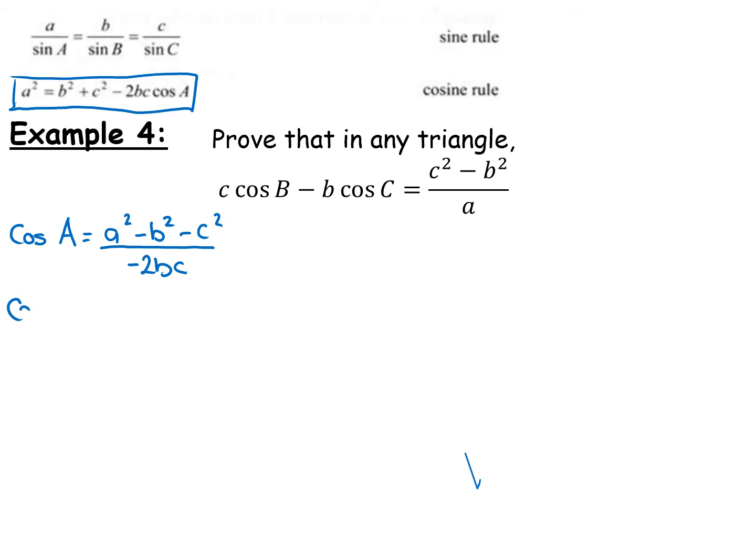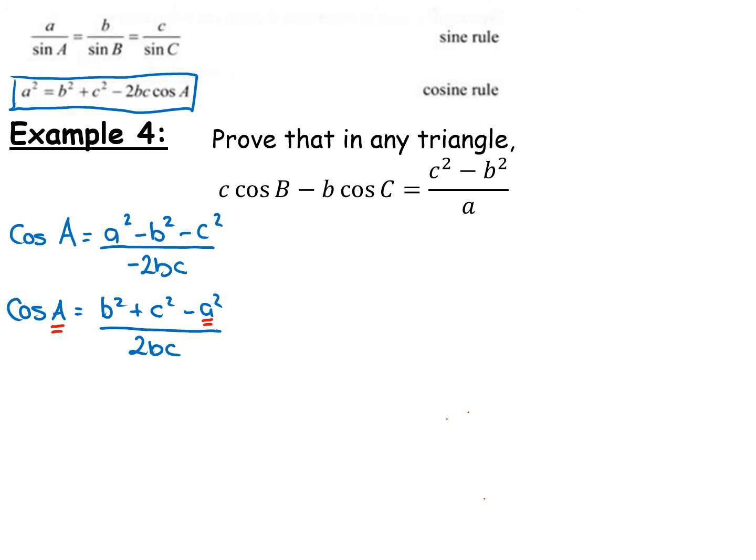Changing the signs on that, cos of A is equal to B squared plus C squared minus A squared all over 2BC. And notice that this letter here will match this one here. So that is the cosine rule rearranged, and we're going to use that for this example.